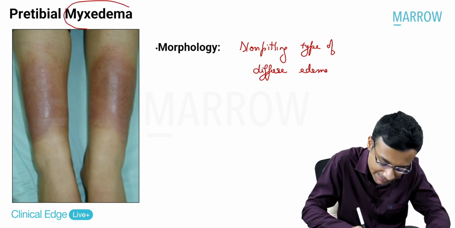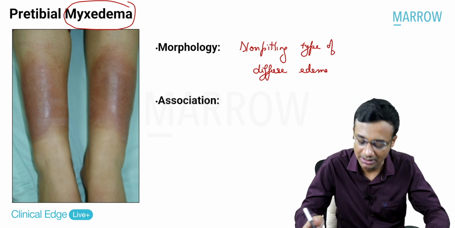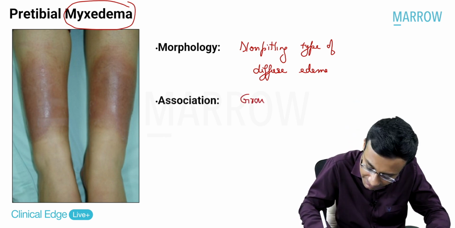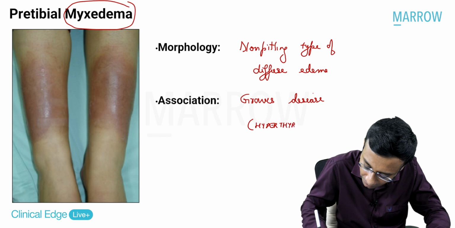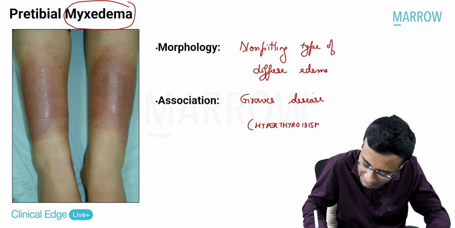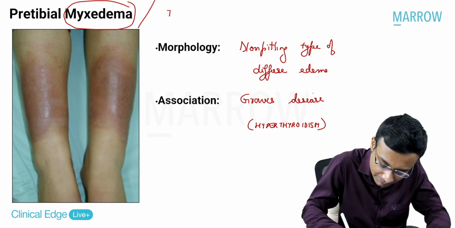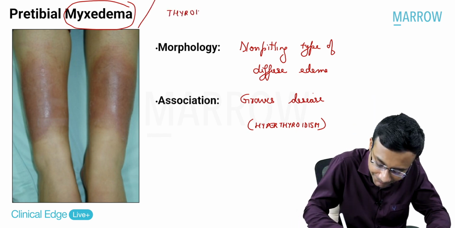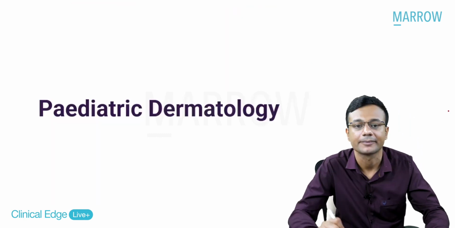If the word myxedema is mentioned, it is hypothyroidism, but pretibial myxedema is associated with Graves' disease, which is hyperthyroidism. And please keep this point in mind, that pretibial myxedema is also referred to as thyroid dermopathy.